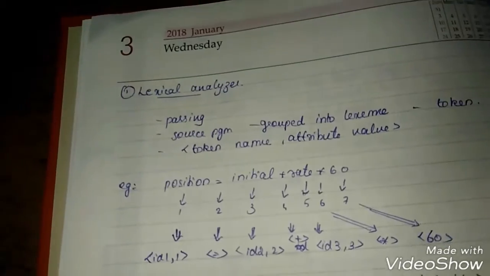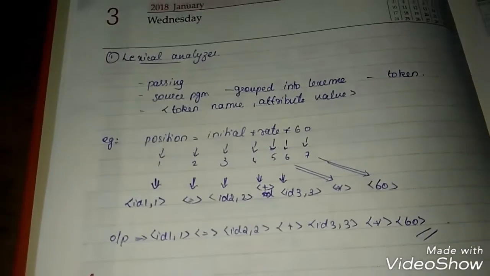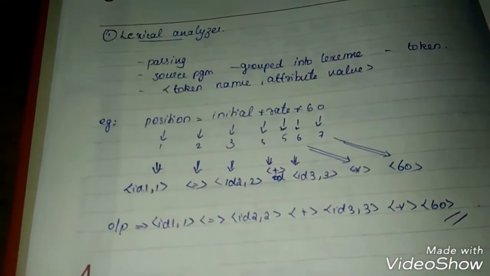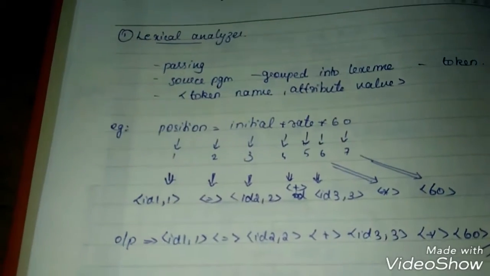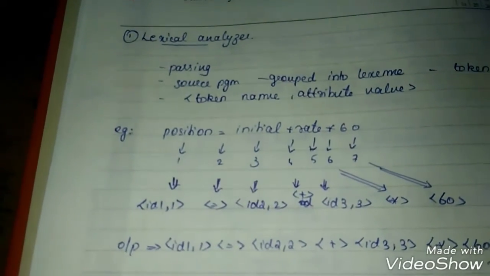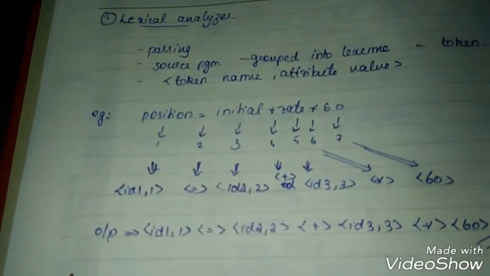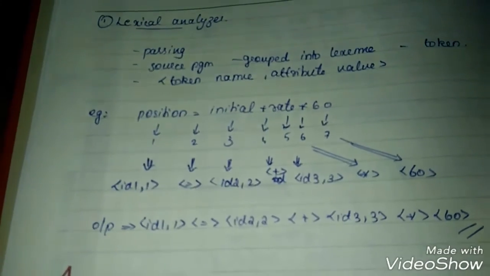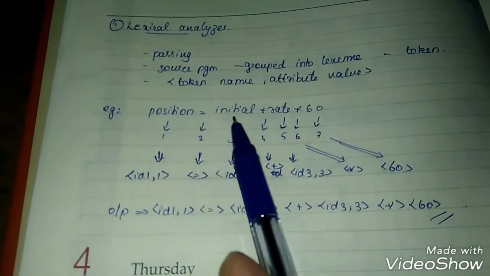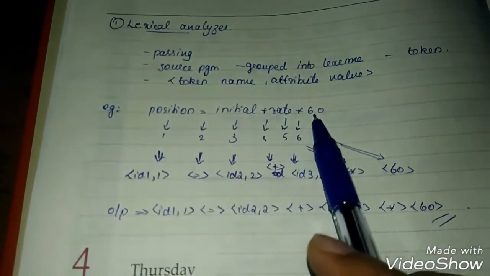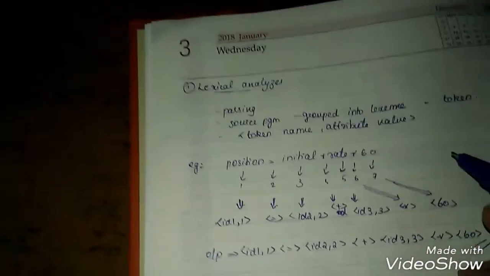Now let us consider an example of how to translate the input source program, group it into lexemes, and finally create tokens from them. Consider the example position = initial + rate * 60 as the source program.